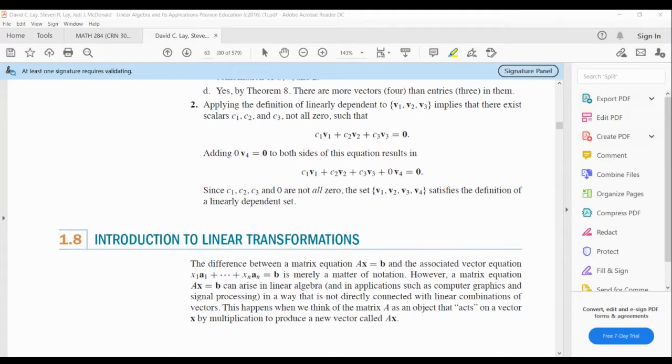All right, let me ask a question. How many remember when you learned about functions, you had domain and range, and a function maps?